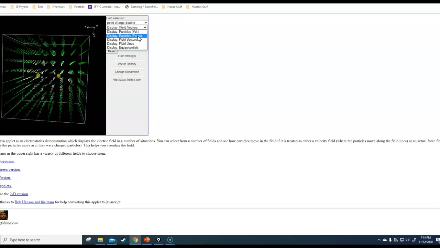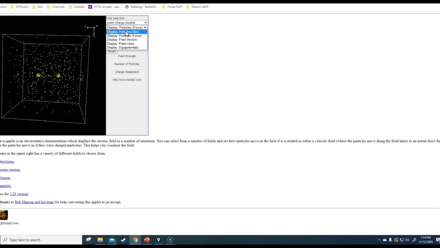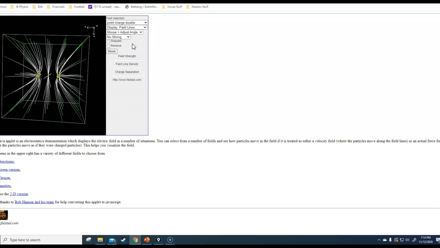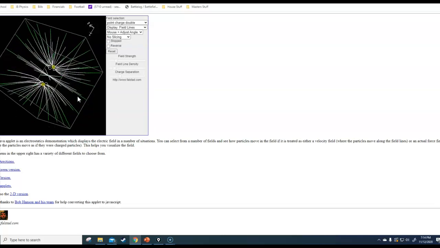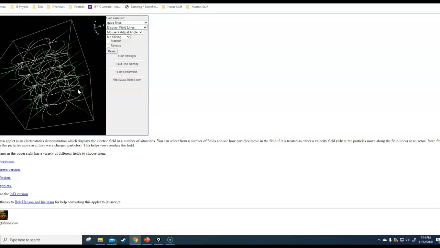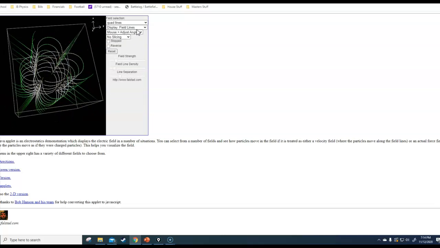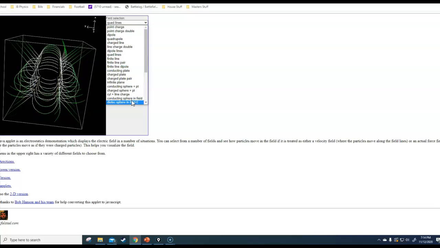Actually, let me show you something that's not going to completely blow your minds. Something like this. I can have very complicated types of charge distributions. Like I could have different lines of charge that create really fancy looking electrical fields around them.